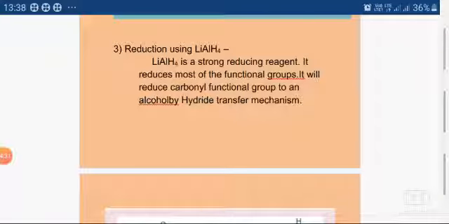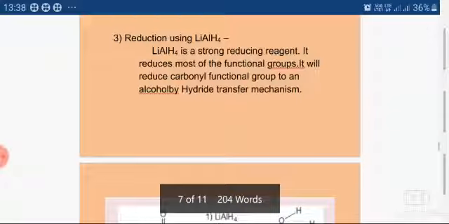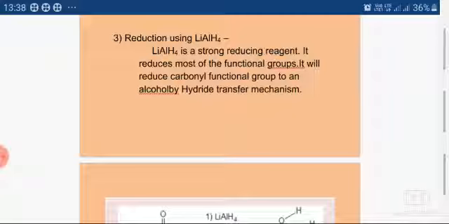Lithium aluminum hydride is a strong reducing agent, and it reduces almost all functional groups.